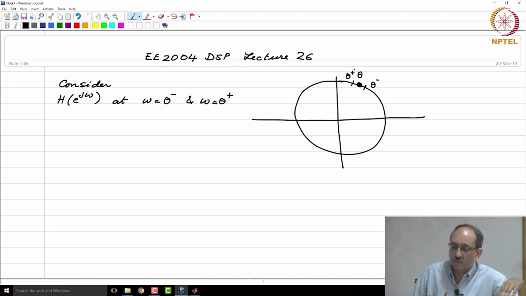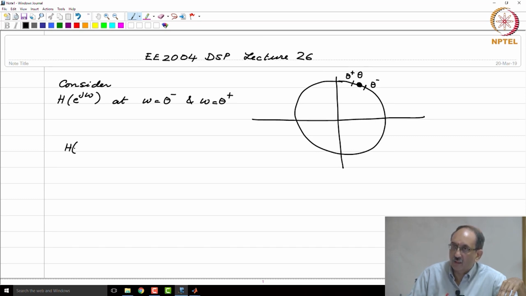There will not be any change because you are moving from theta minus to theta plus. So, as far as every other 0 and pole is concerned, the change will be negligible, both for the products of the distances as well as for the change in the angle.